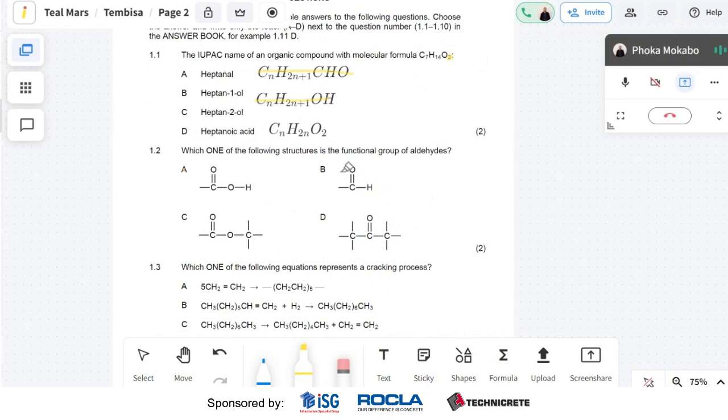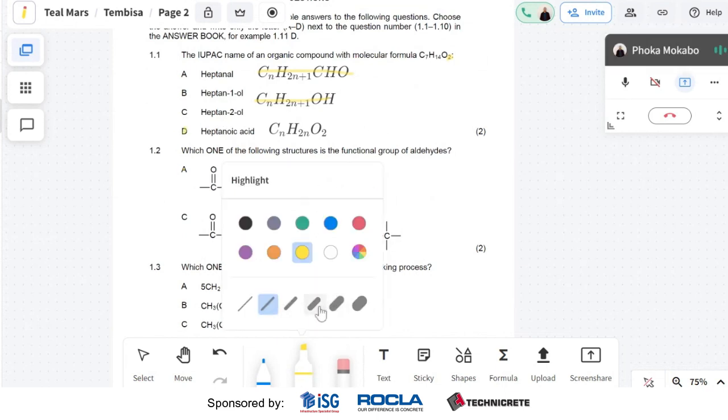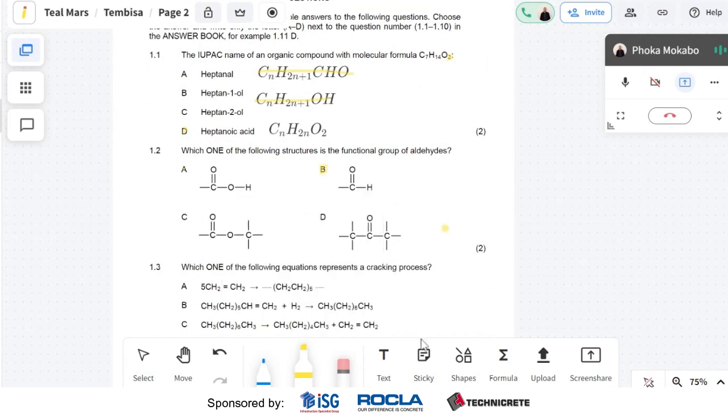Oh, B looks promising. So you have a carbon bonded to an oxygen, you have it bonded to a hydrogen, and by the looks of things, this should be in position number 1. So I will take a bet that the answer will in fact be B, but just to double check, let's look at all the other options.